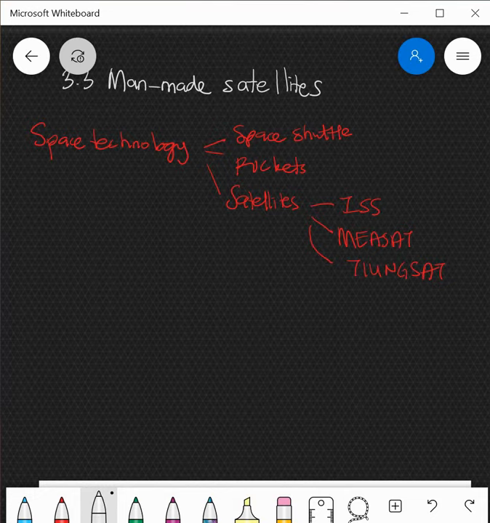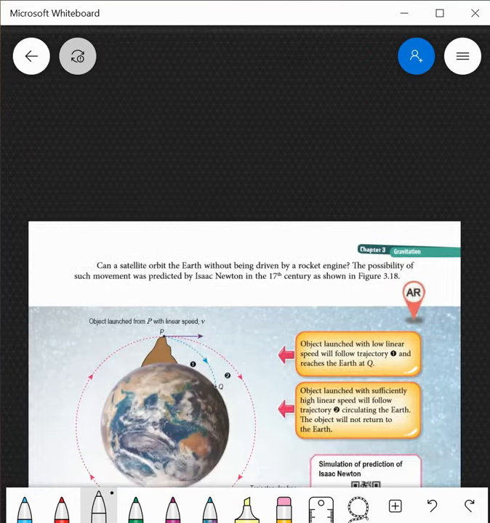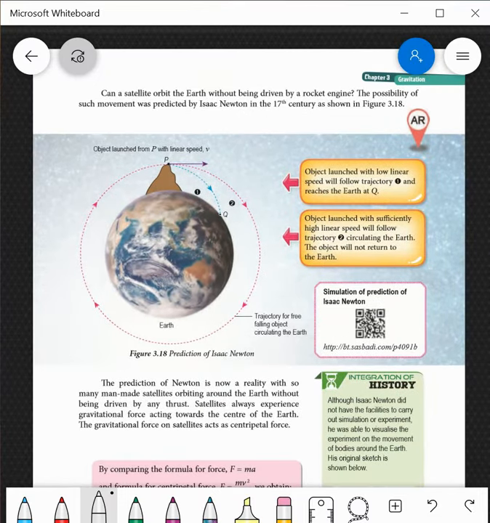You have learned before in 3.1, okay, here, for an object launched from the earth, the object needs to be launched at specific speed. Dia perlukan specific speed lah, linear speed kat sini. If the speed is low, kalau speed dia low linear speed, the object will fall back to the earth. Dia akan jatuh balik ke bumi.